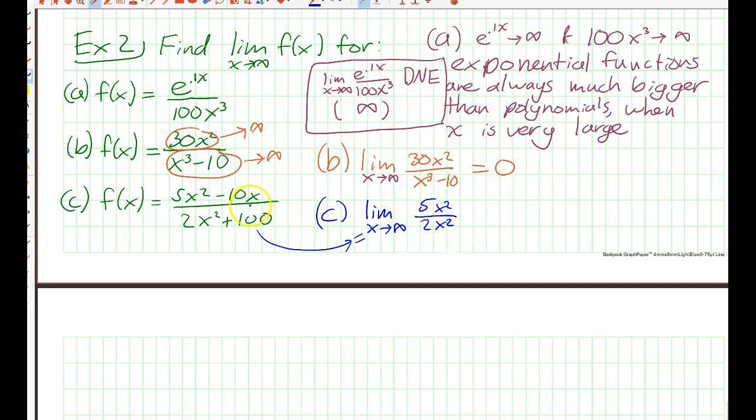Because also the minus 10x doesn't really matter, because if x is like 1,000,000, then 1,000,000 squared is 1,000,000 times greater than just x. So the negative 10x will also be insignificant. So this is actually just equal to 5 over 2, which is also known as 2.5.